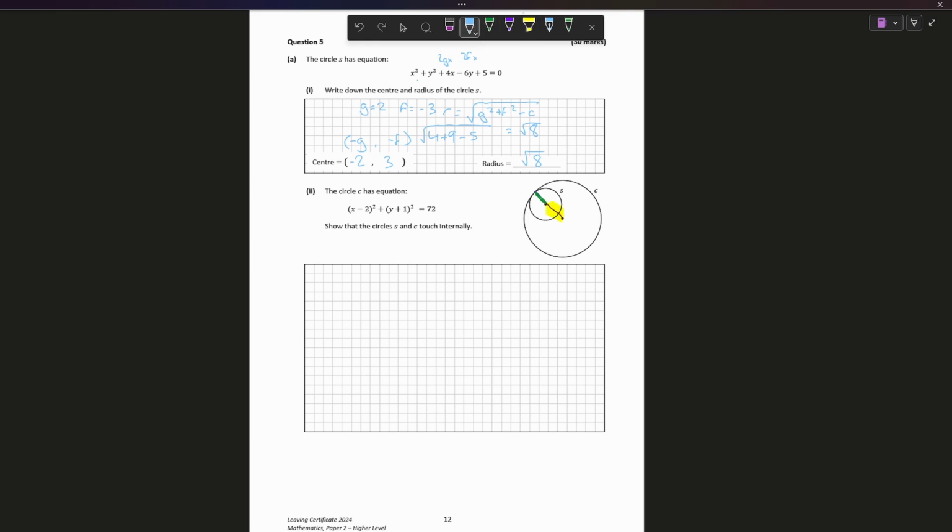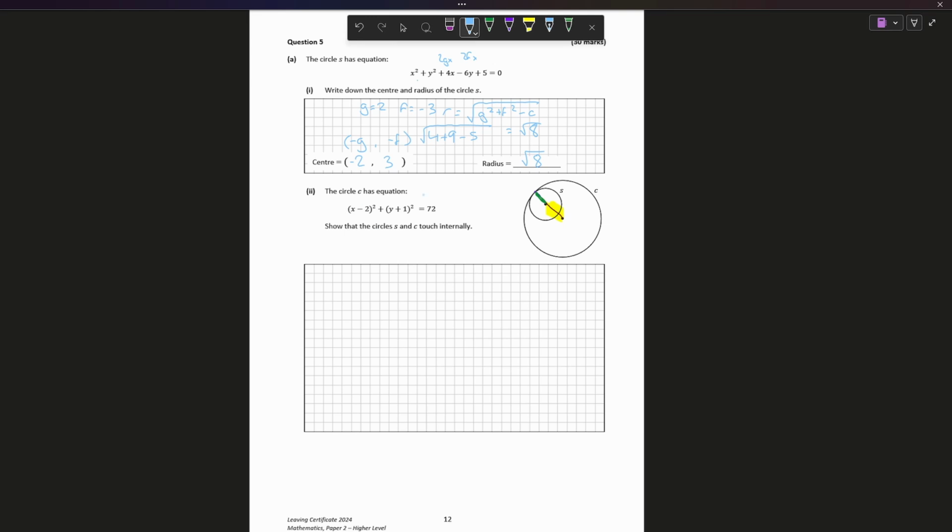Now this only happens if they touch internally. If you take the two radii away from each other, you'll get the distance between the points. So hopefully now it's starting to make sense. So if they touch internally, and we take away the two radii, that should equal the distance between the 2 points using another formula.